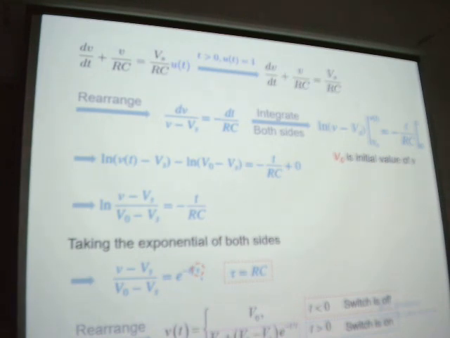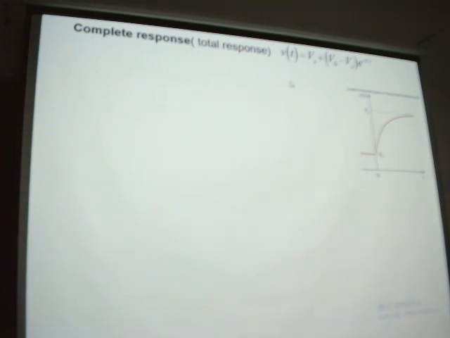We call this the complete response or total response. This definition we need to remember, okay? Now we're going to look at the complete response. Our V is equal to Vs plus V0 minus Vs times e to the power of minus t over tau, right?